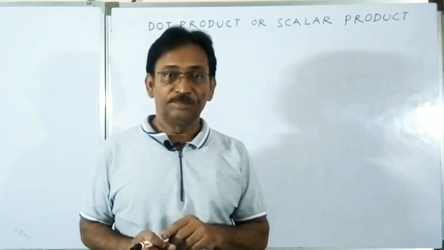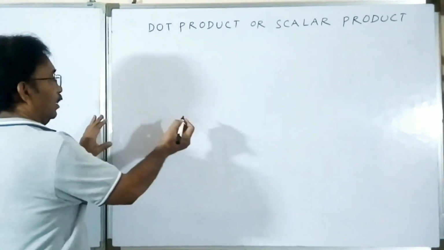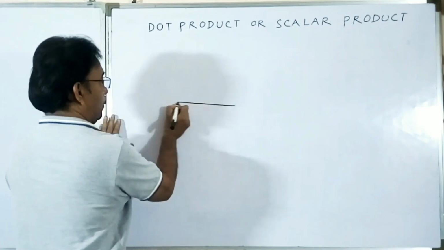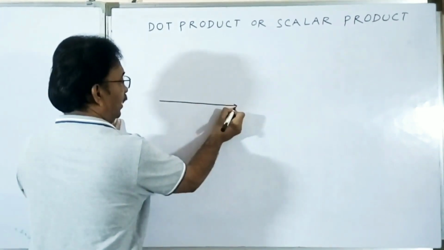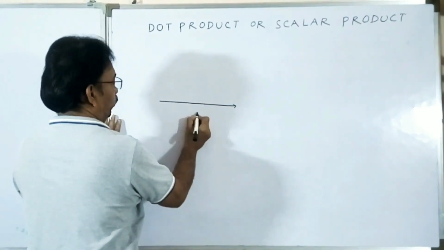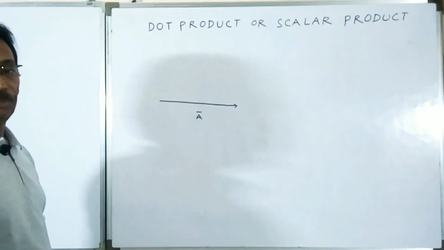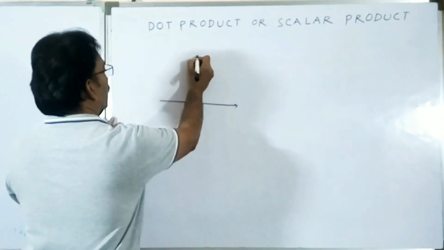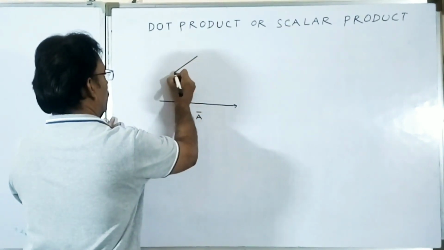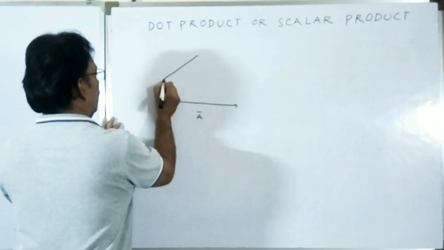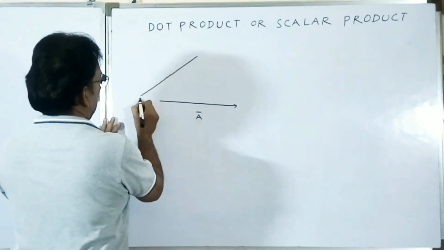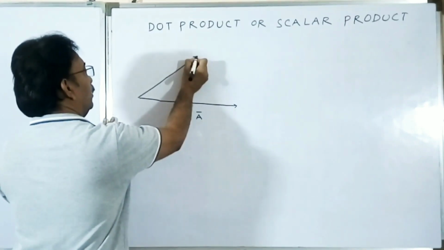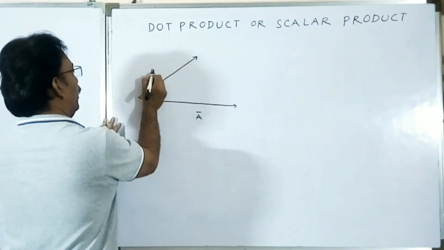To understand this, here we are taking a vector, say it is vector A, and we have one more vector, say the vector B, and we join the both.